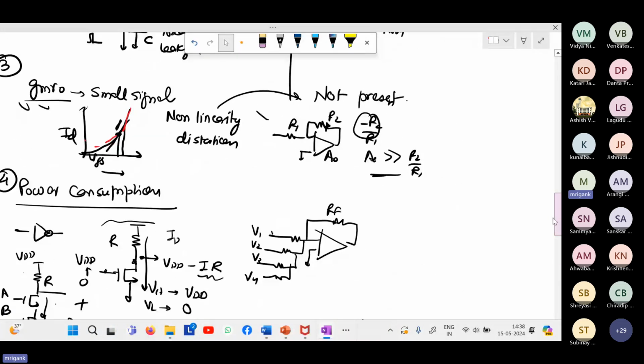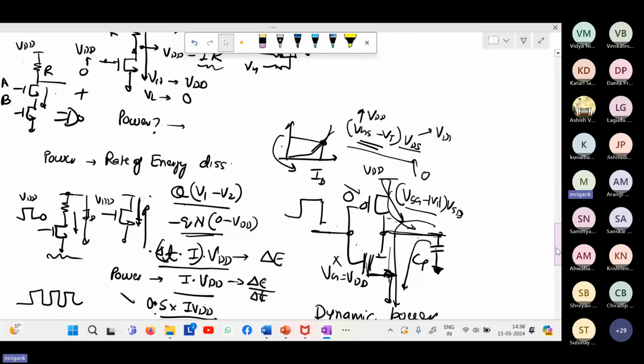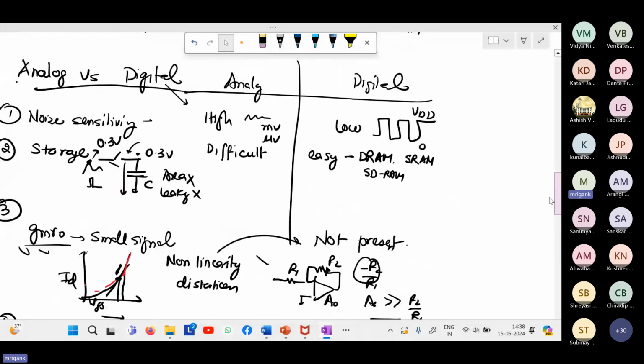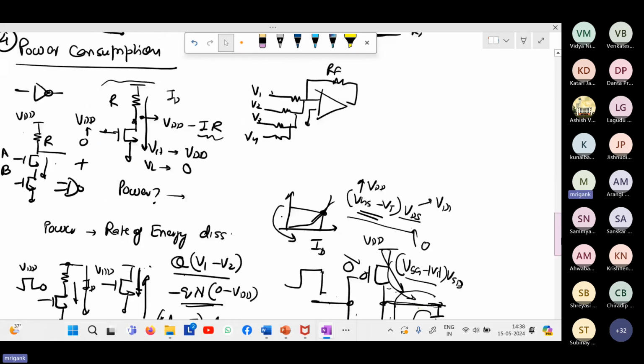We discussed several reasons why digital is preferred for computing, why we digitize the raw analog signal as soon as possible after some analog preprocessing into a digital signal.